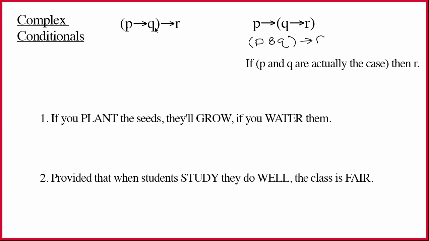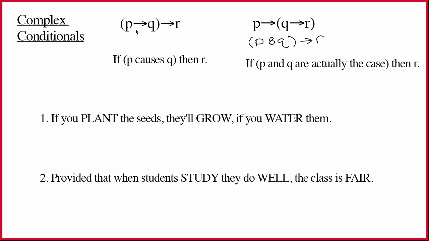Well, what does this one mean? Notice in order to get to R here, you have to have a relationship between P and Q. It has to be such that if P then Q, then you get R. And I think when you're looking at this formula, the best way to understand it is it says if P causes Q, then you get R. Read this first arrow as causes to help your intuitions.